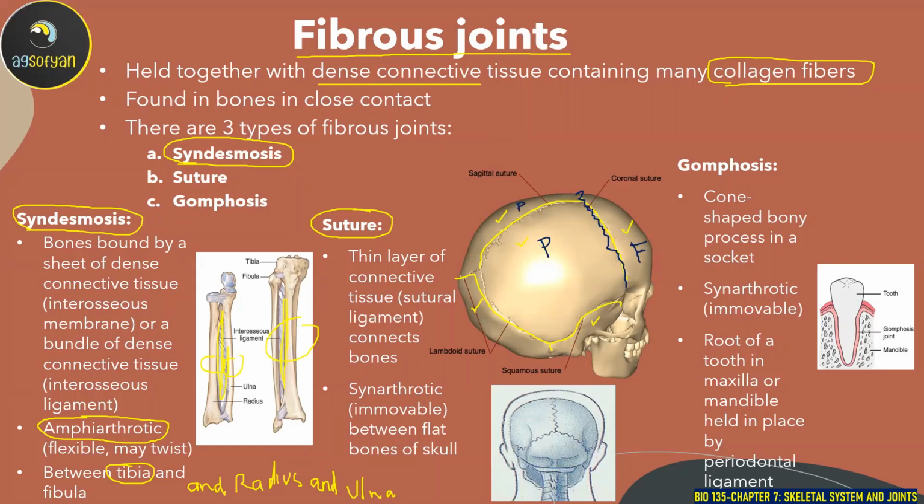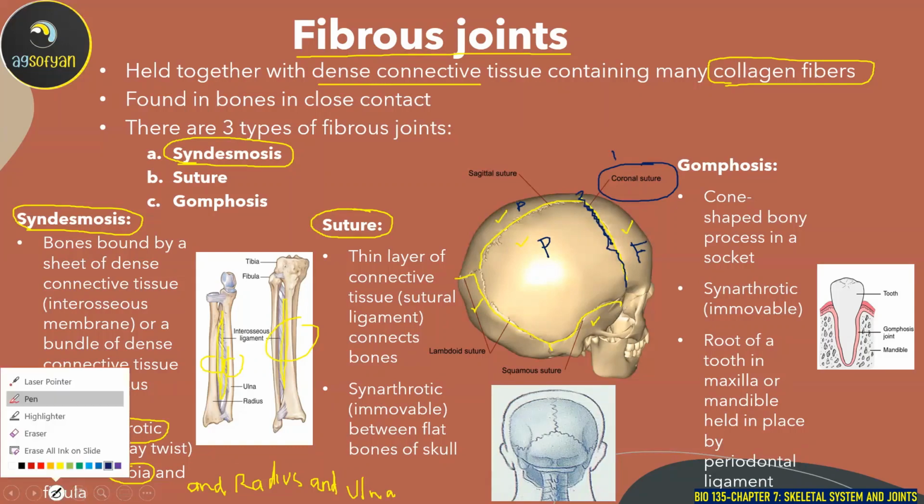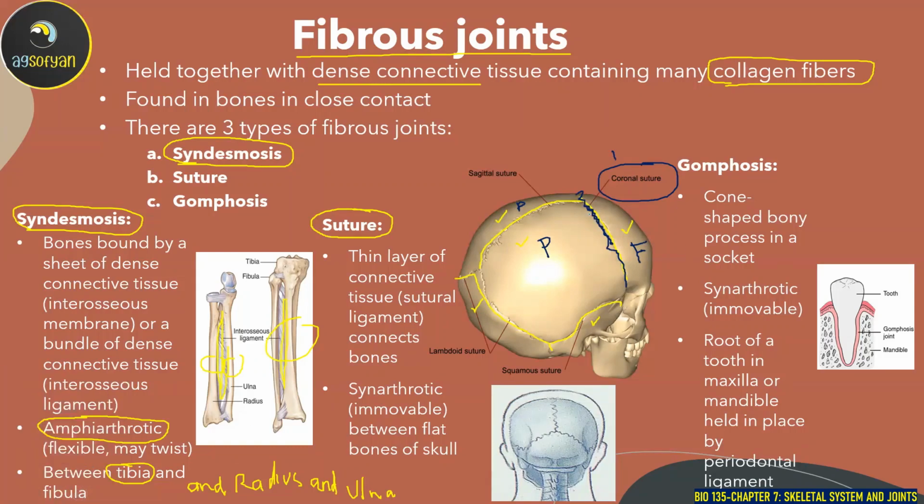So this is what we call the coronal suture. So this is the first type of suture. The second one is the one that is located between the two parietal bones. So the blue one over here, I make it blue. Okay, blue joint. And this is what we call the sagittal suture.